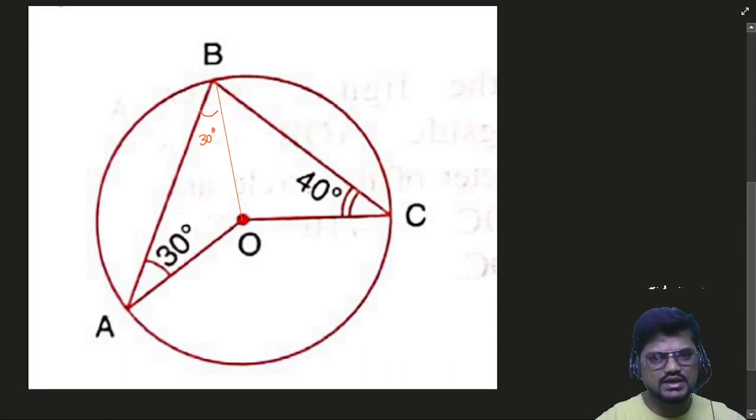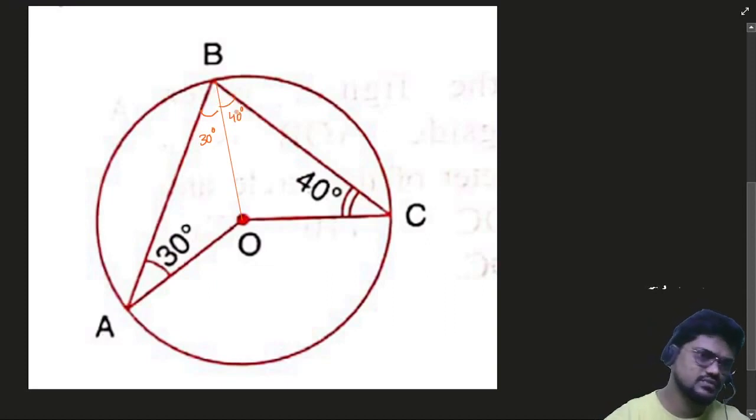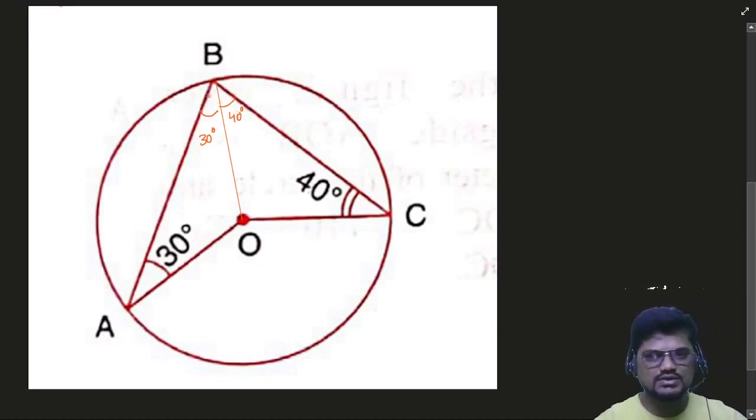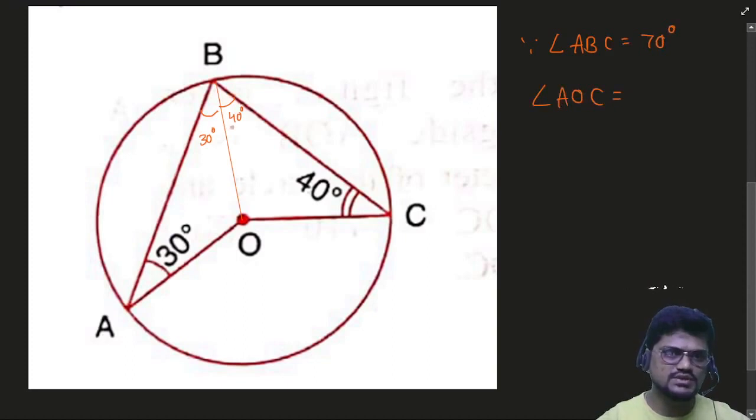Similarly, BOC is also an isosceles triangle, so this angle will also be 40 degrees. So if this is 30 plus 40, this whole total, since angle ABC equals 70 degrees, then angle AOC will be twice of this angle because this angle is at the center. So that will be 140 degrees.